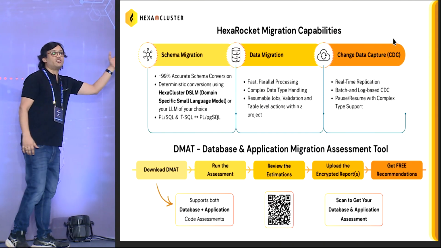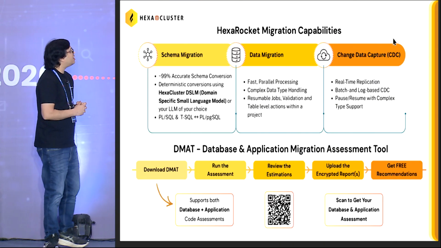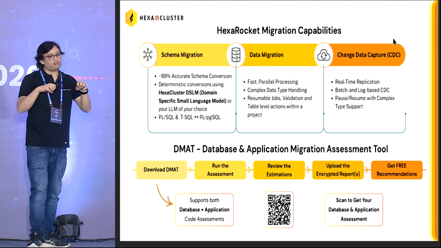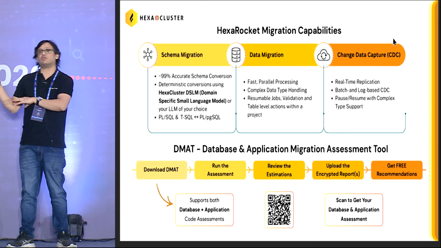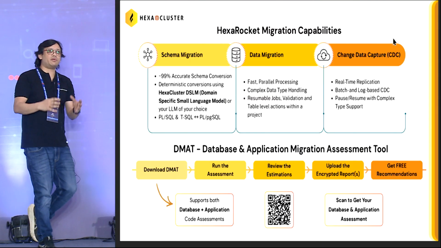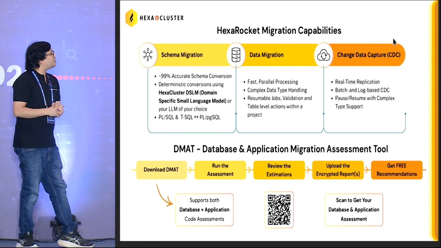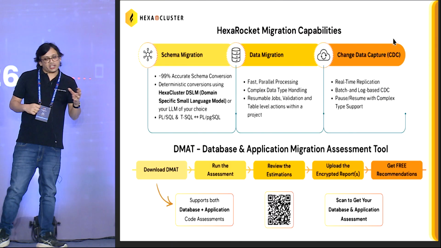So we trained a domain-specific language model, trained specifically on Oracle PL/SQL and SQL Server T-SQL dialect, and at the same time Postgres PL/pgSQL. So it only knows about these specific constructs. At the same time, you could also bring an LLM of your choice.